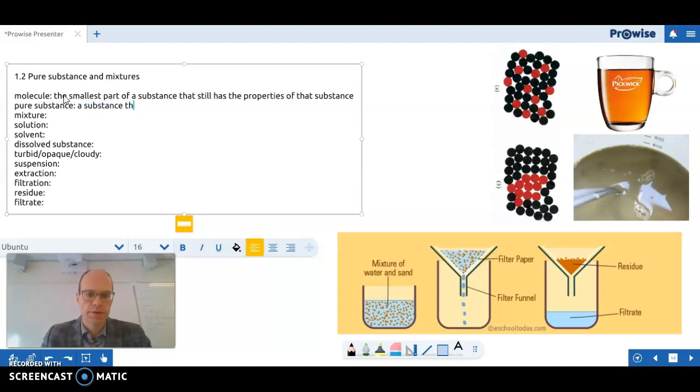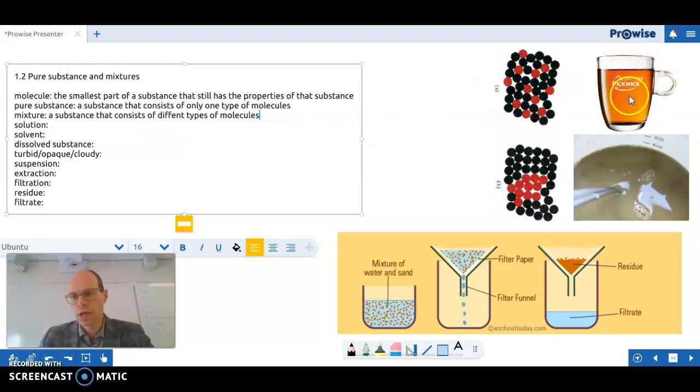A mixture is then a substance that consists of different types of molecules. And then we can have different types of mixtures, and here you can see two types.